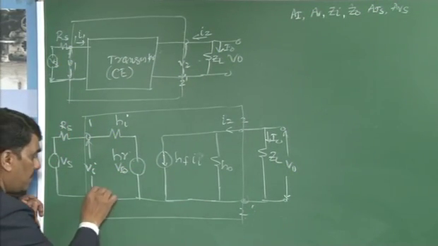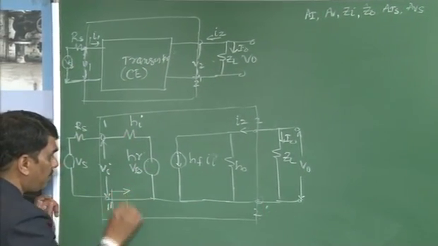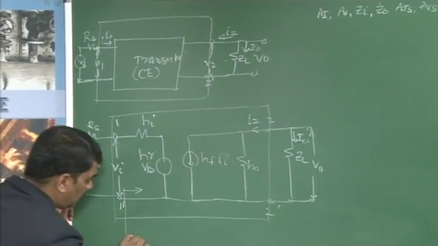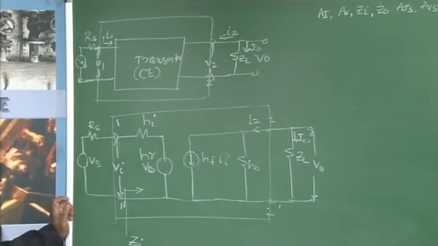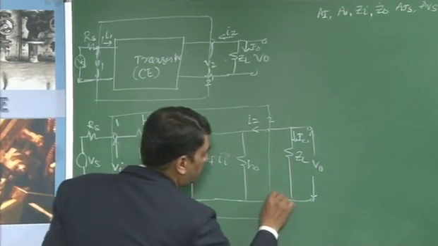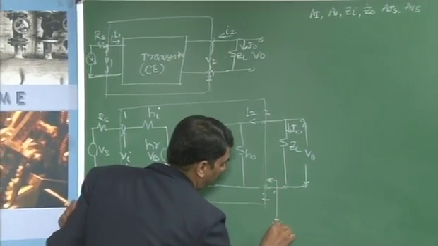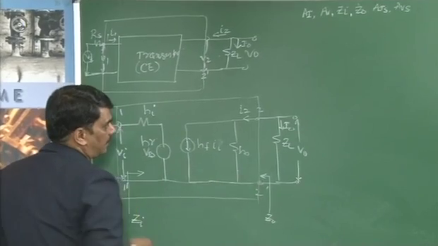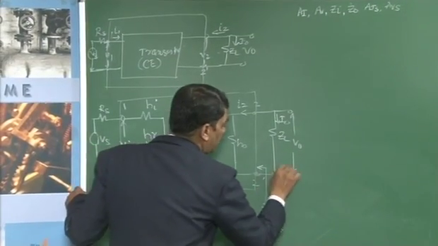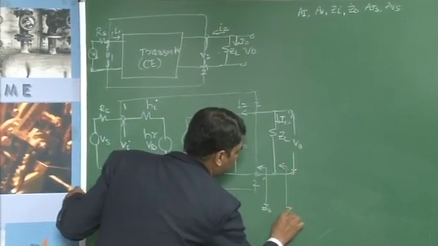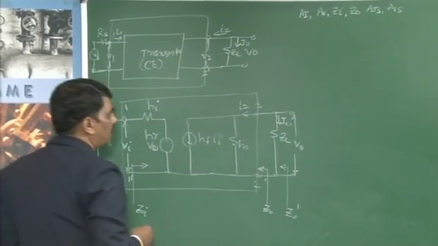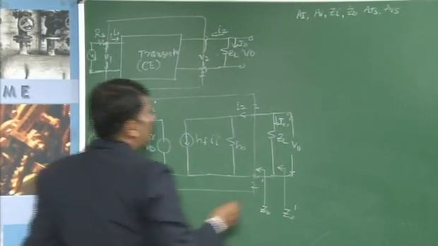Input impedance means looking into the input terminals of the transistor, known as Zi. Output impedance means looking into terminals 2 dash, and if you consider ZL, then this output impedance is Z0 dash.